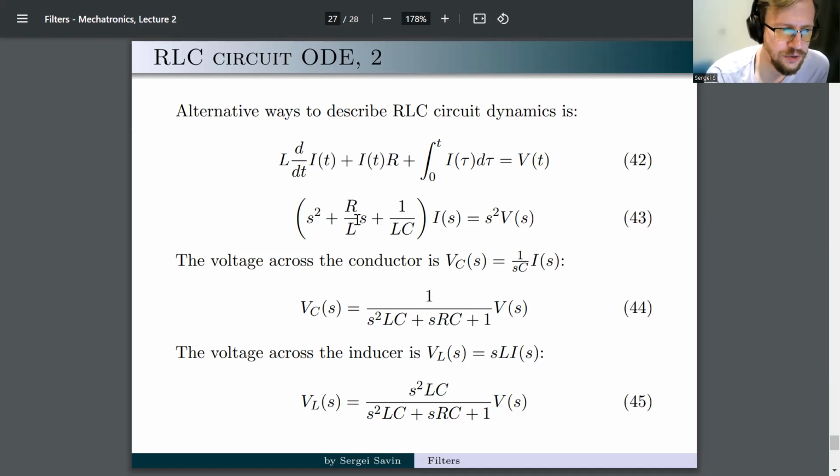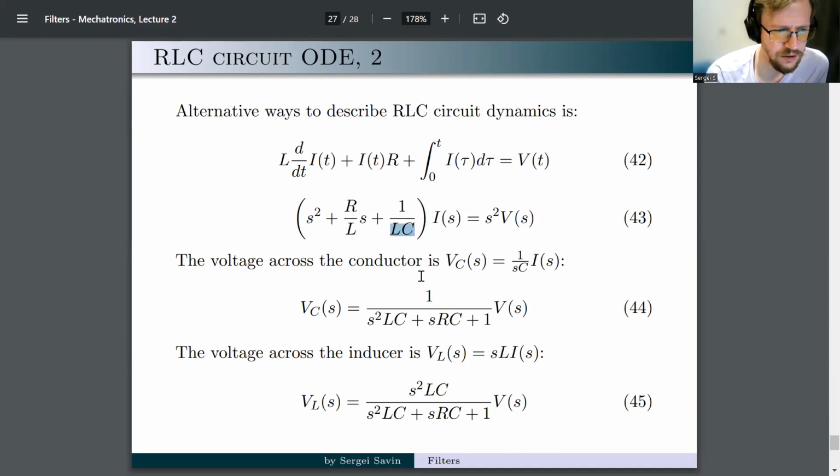So what we would do next to get the transfer function here is multiply by LC both parts of this fraction, right? Both sides of this fraction. And then we get this.